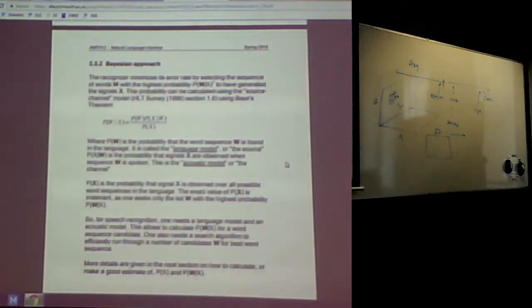So the theory behind speech recognition is the Bayesian approach. I think it's useful to understand that, because this method is used in many fields, vision and so on.